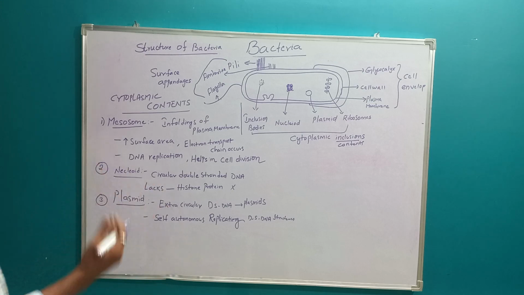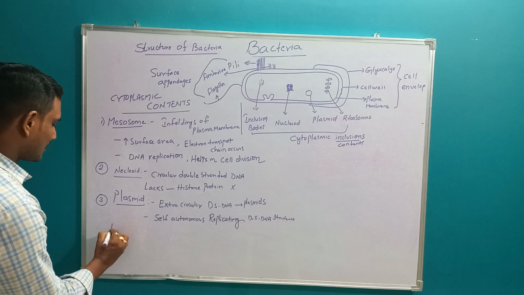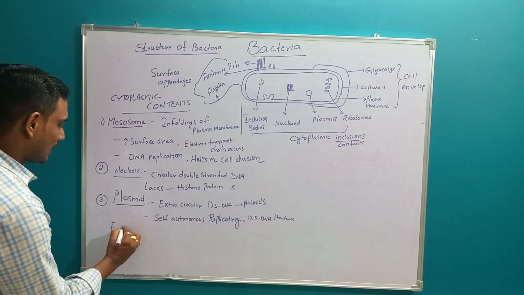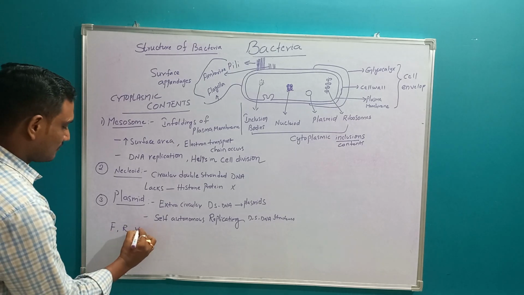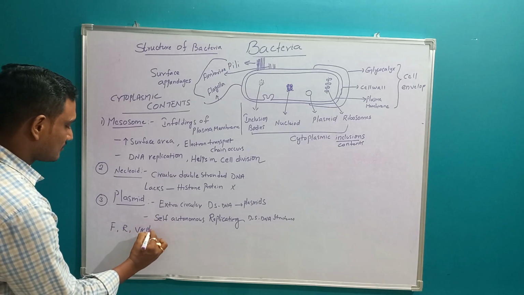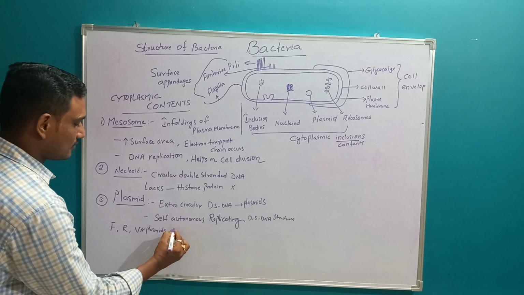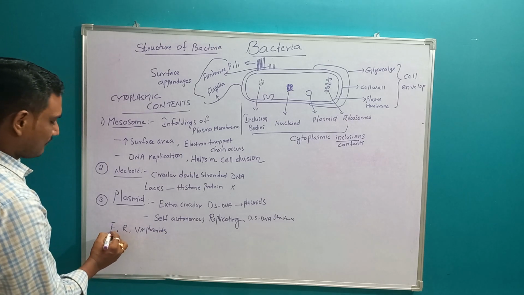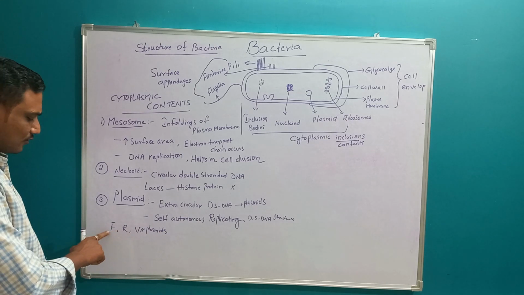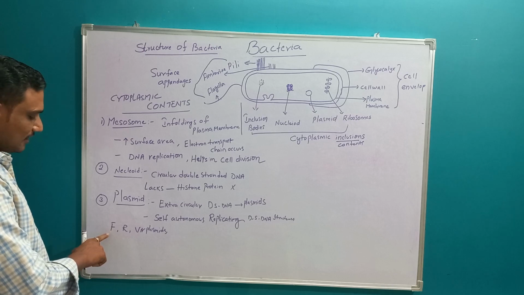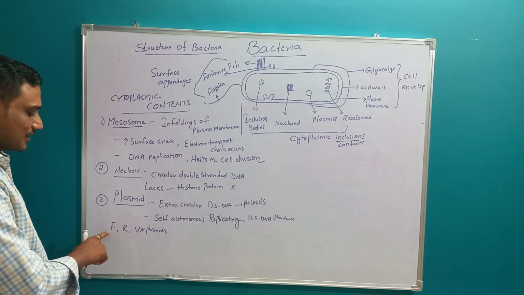These are further classified as F plasmids, R plasmids, and Vir plasmids. The F plasmid's role is transfer of genetic material.